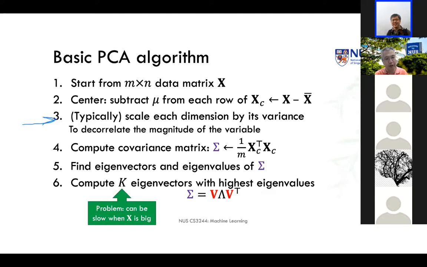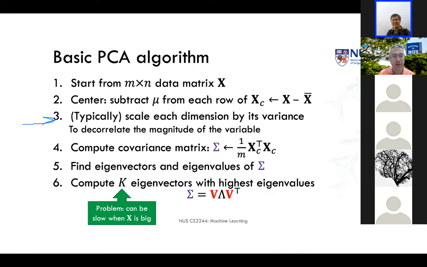Like you saw in the normalization lecture many weeks ago, if you have one feature ranging from 0 to 1 and another ranging from 100 to 1 million, scaling both of these by their variance will help make sure that both have the same magnitude, so that most of the algorithms that expect normally distributed features can work properly.